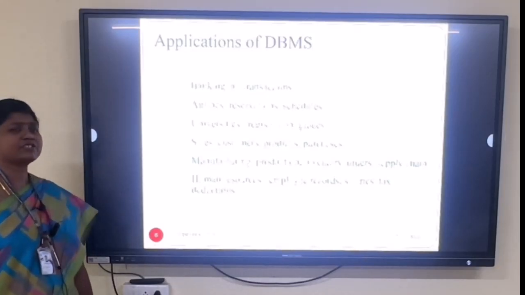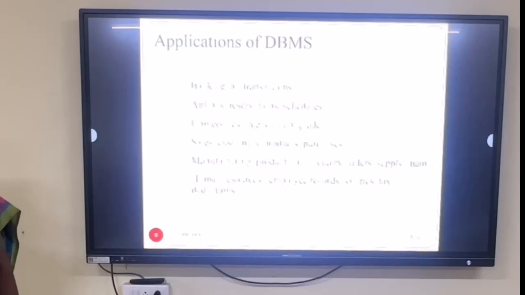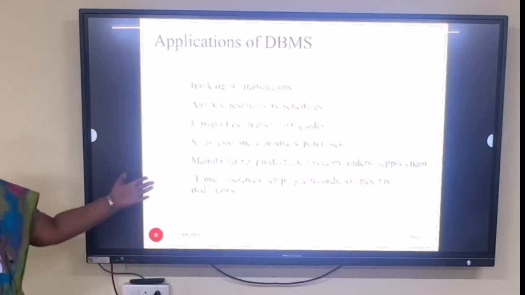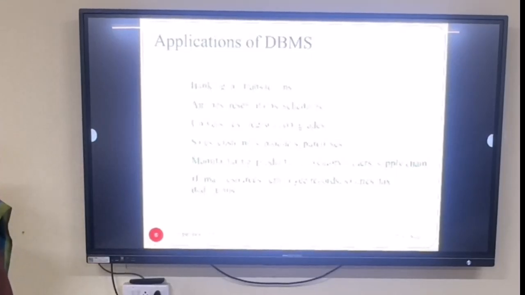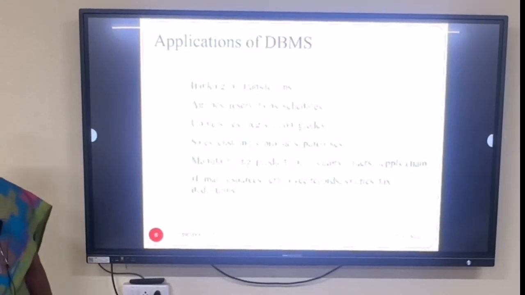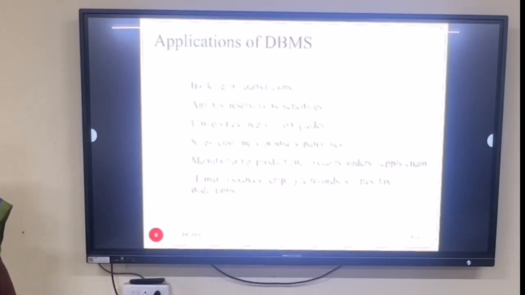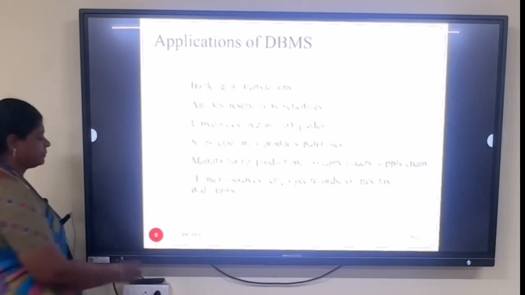In industries like TNPL, they will know what the production is, what the inventory is, what orders they got, and what their supply chain is. And human resources plays a major role in all companies, such that employees' salaries, deductions and tax deductions, everything will be monitored and given automatically.